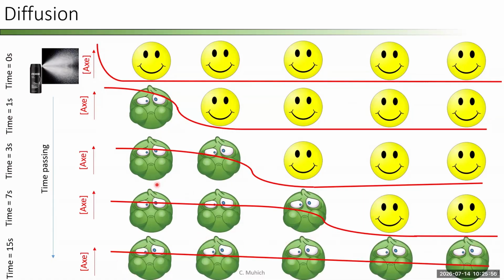And so what you can see is there's some sort of time associated with the movement of these stink particles or fragrance particles from the beginning out to the end, right? As the particles move out, their concentration starts decreasing and evening out over space.